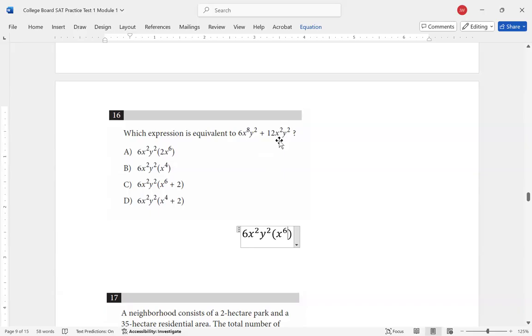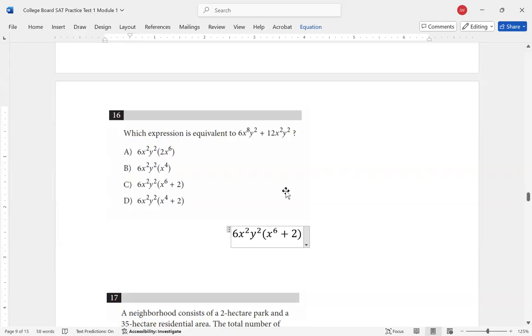And then 12x squared y squared divided by 6x squared y squared is just a 2. So I end up with 6x squared y squared times the quantity x to the 6th plus 2.